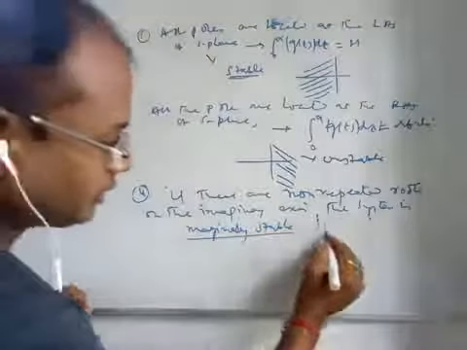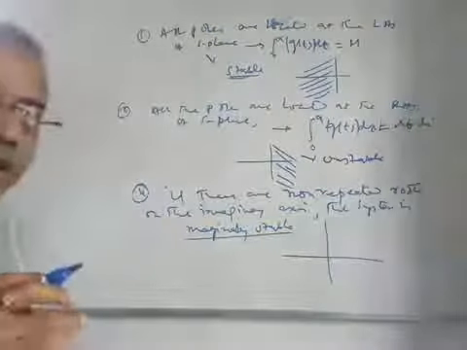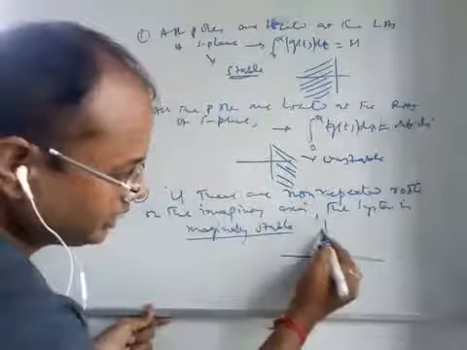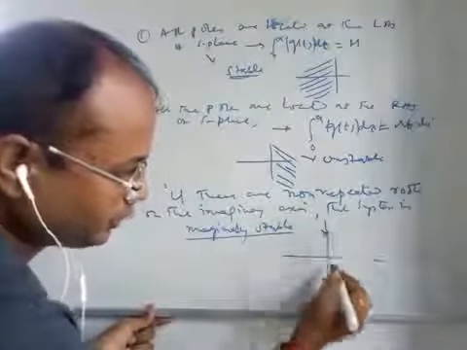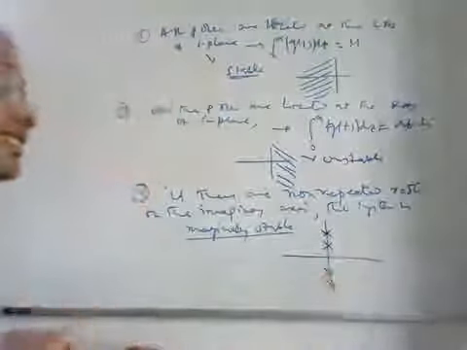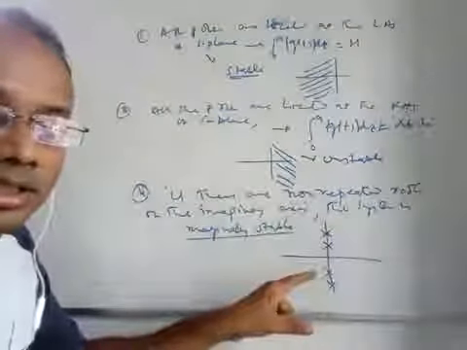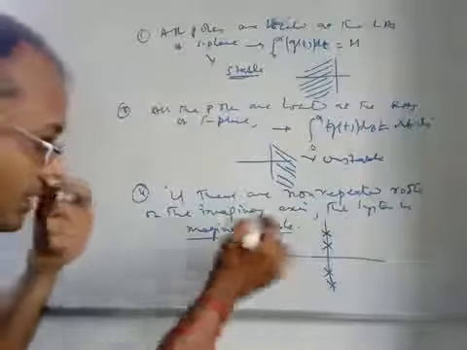Marginally stable. That means what? Non-repeated roots. The concept of repeated roots and non-repeated roots. Non-repeated roots means there may be a pole, there may be a pole, there may be a pole, right? That is, poles are located on the imaginary axis only. The system is said to be marginally stable.